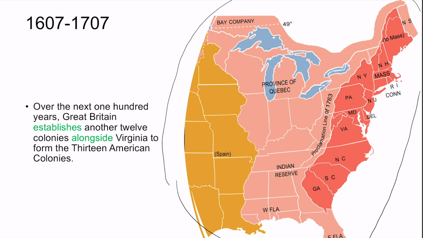I'll give you an example right here. This is my state. This is where I'm from. This is Tennessee. And Tennessee wasn't a state until a little bit later after the initial American Revolution.